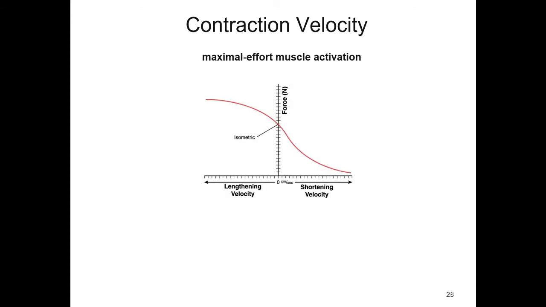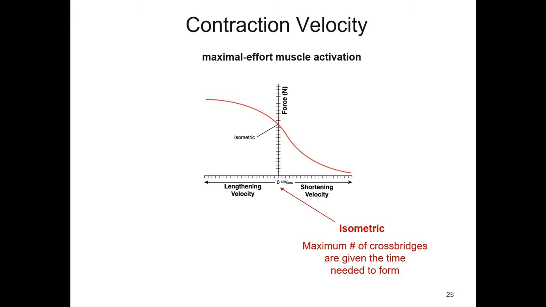The next factor to consider when attempting to understand the force and torque generating capacities of muscle is velocity. Here we see the forces generated during a maximum effort muscle activation as a function of contraction velocity. The zero value on the x-axis represents zero velocity.